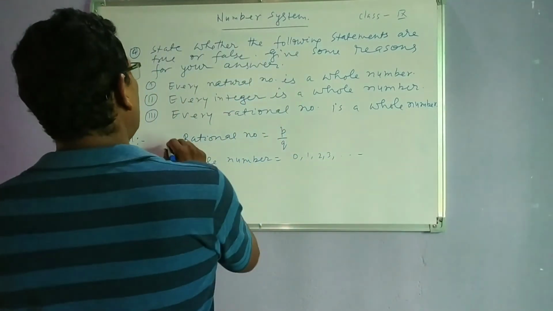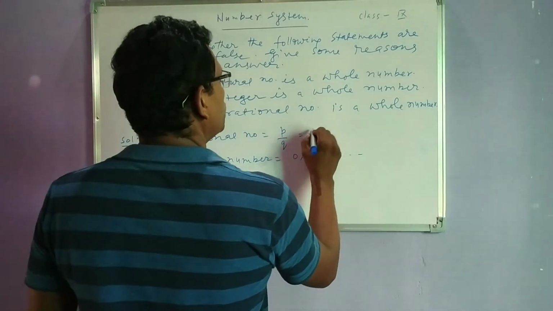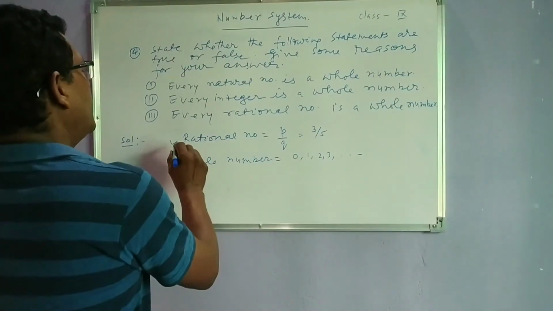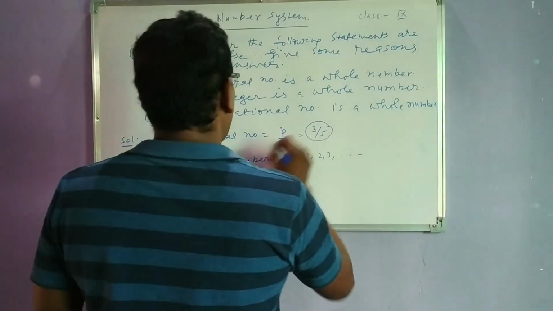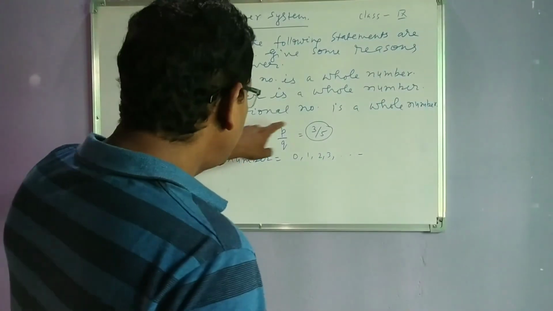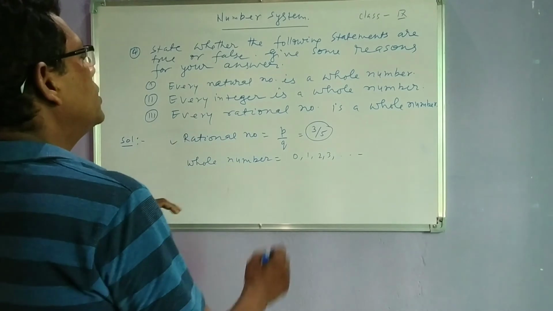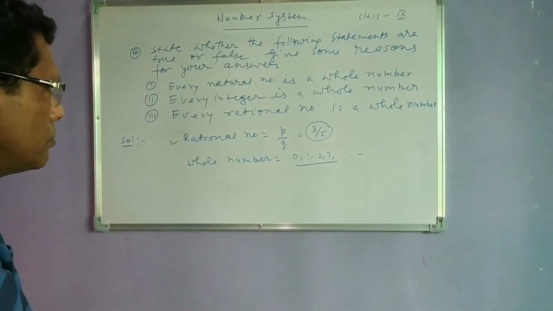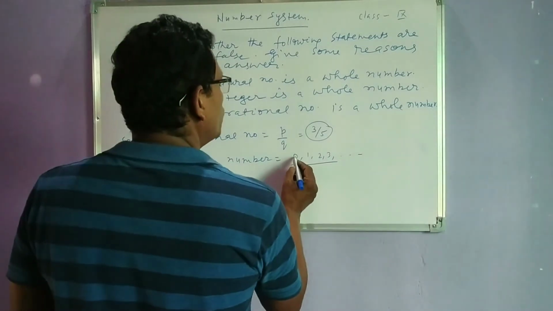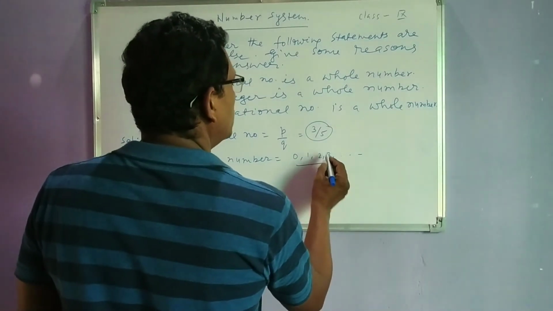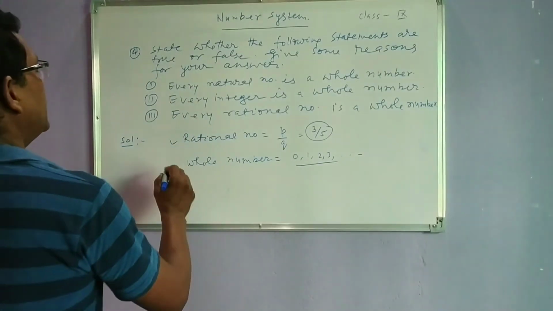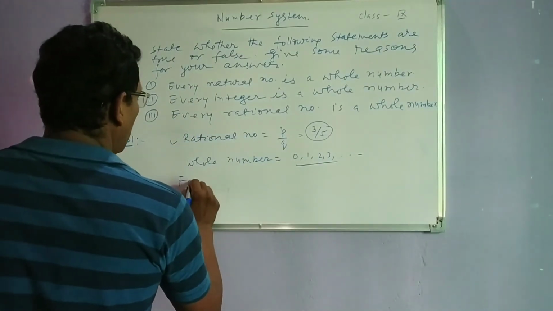We take an example of rational number. Suppose this is 3 by 5. Suppose rational number 3 by 5. So every rational number is a whole number. 3 by 5 is not here in the set of whole number 0, 1, 2, 3. So 3 by 5 is not here. That is why this is false.